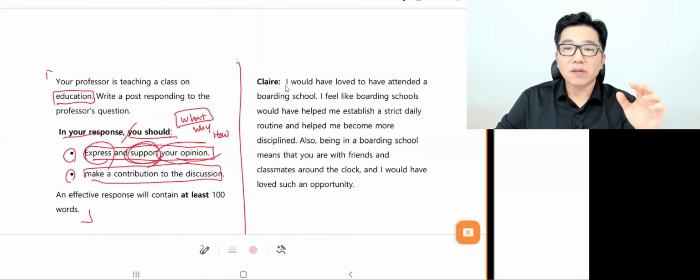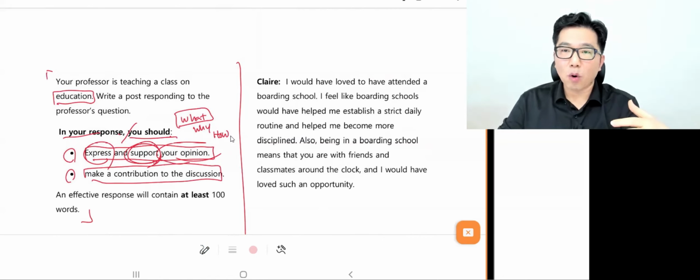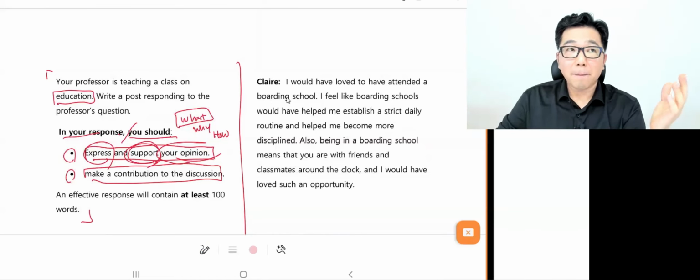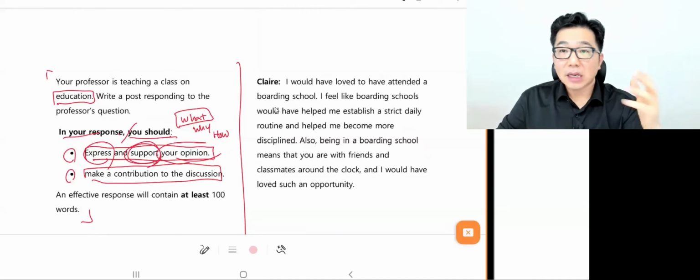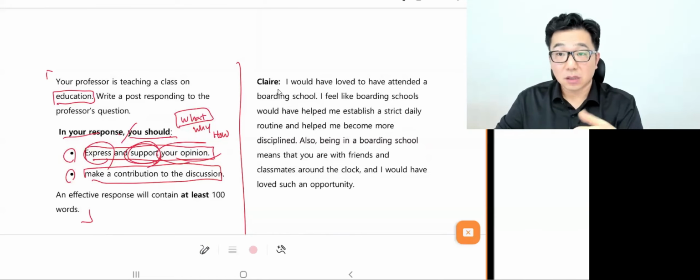So you agree with this reason so much that you want to use this reason, but you want to elaborate and explain it in much more detail, or you want to give your own additional example to create more content about the same reason, or you agree with it so much that as you read, it kind of helped you. This information gave you a hint to create your own reason, all right?